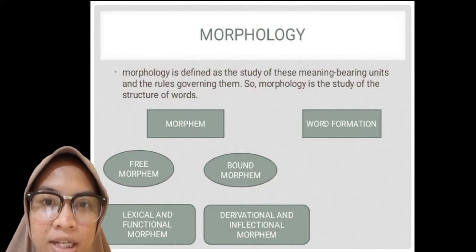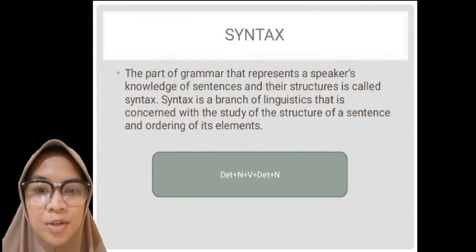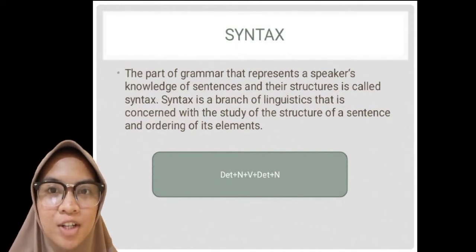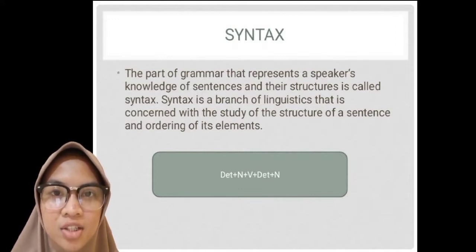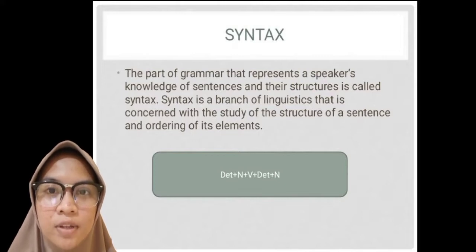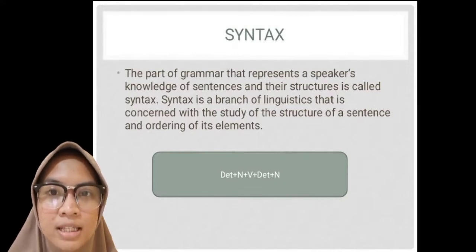And word formation is the creation of new words, the process of forming a word. The third branch of linguistics is syntax. The part of grammar that represents speakers' knowledge of sentences and their structure is called syntax. Syntax is a branch of linguistics concerned with the study of the structure of a sentence and the ordering of its elements.